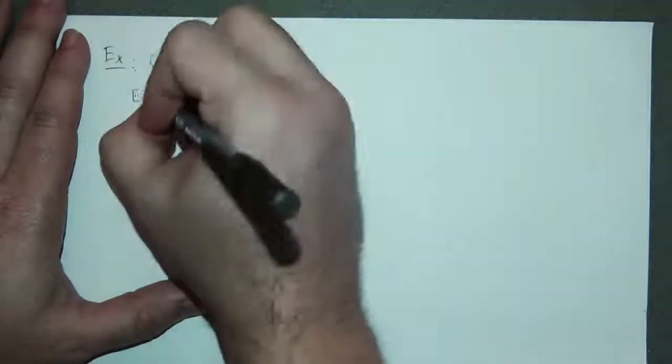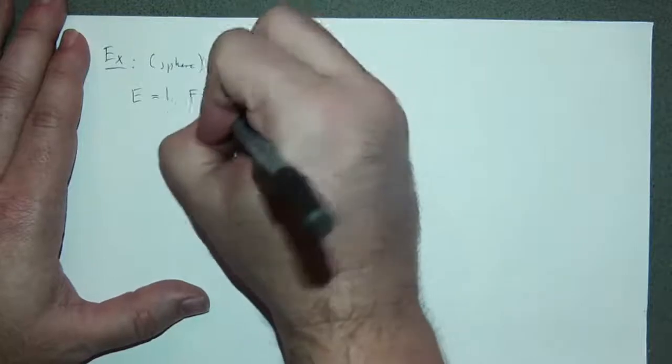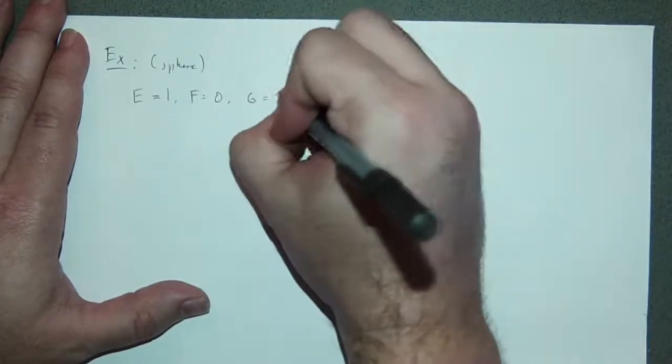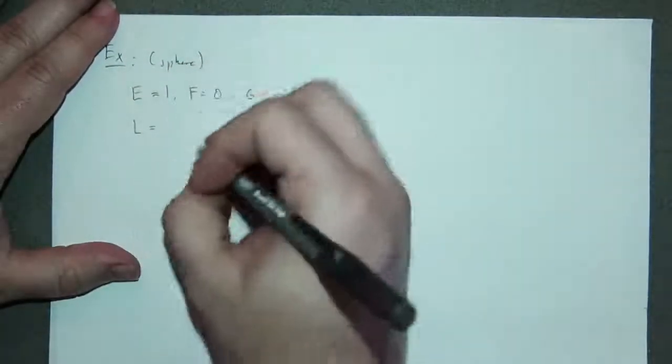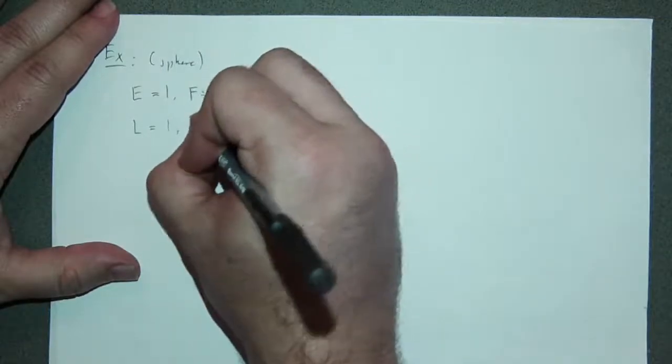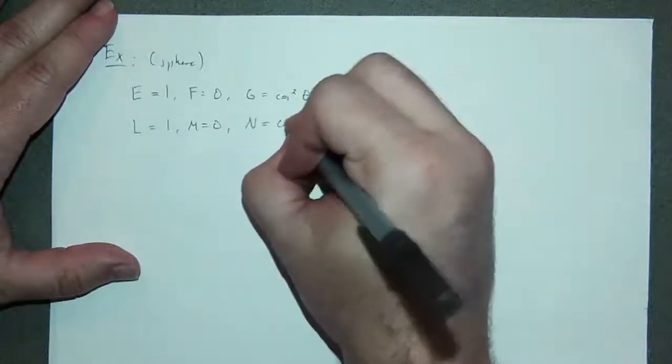Now, let's do some examples. Let's do the sphere. Let's remind ourselves we have E is 1, F is 0, G is cosine squared theta. L is 1, M is 0, N is cosine squared theta.